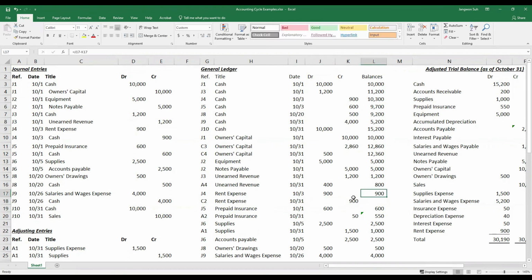Meaning its ending balance is 0, right? So you can just erase it.